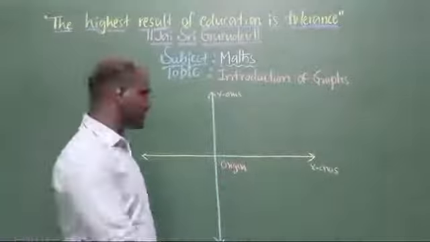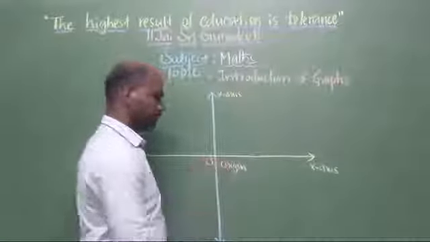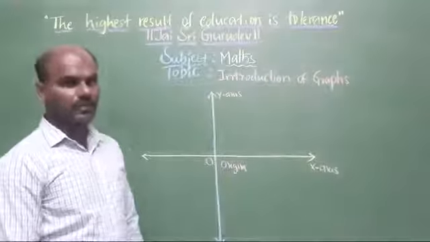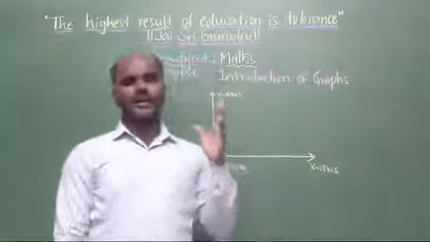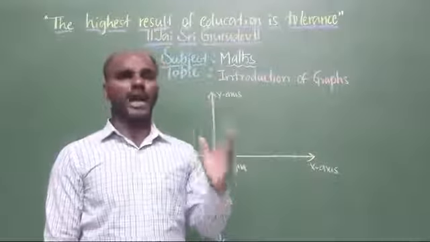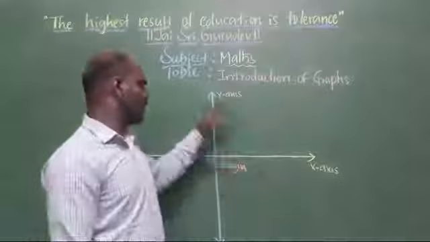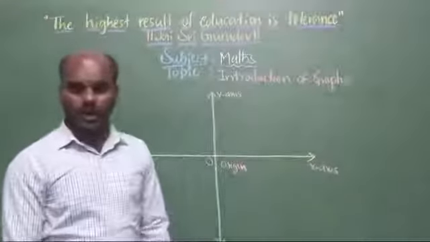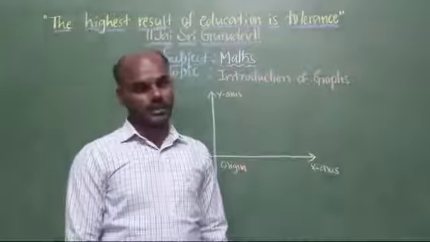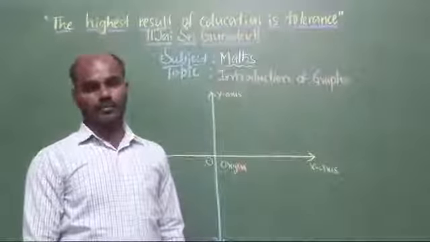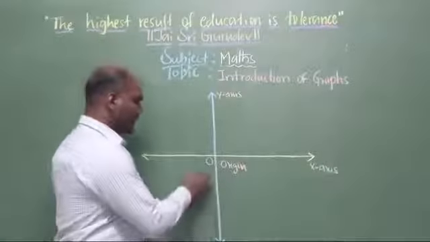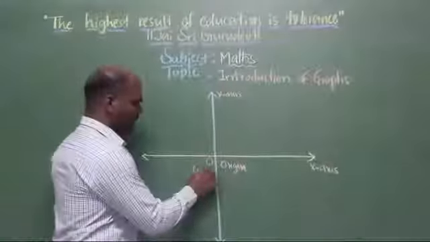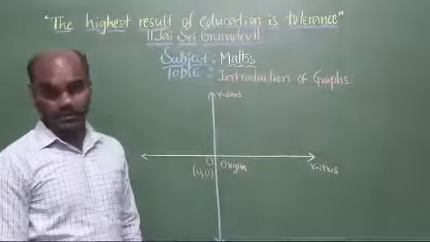We represent the origin with the letter O. At the origin, the x-axis value and y-axis value both are 0 only. So the point of the origin will be (0, 0).